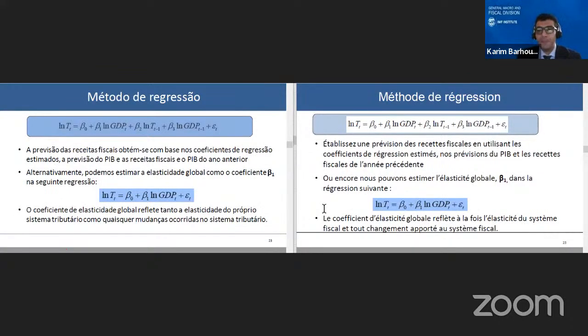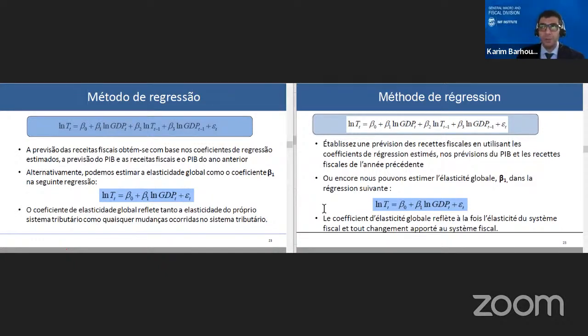Be careful here, because you are saying you have an endogeneity effect, right? Yes, so it's not something perfect.